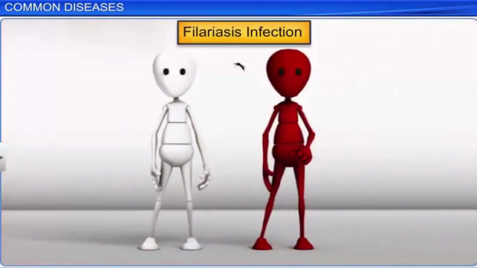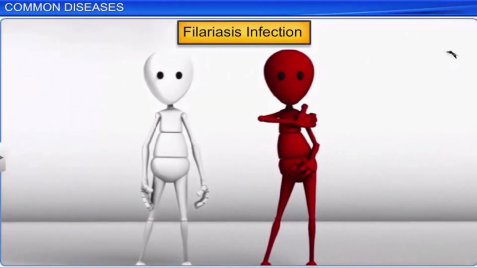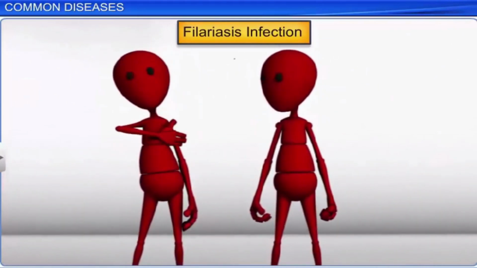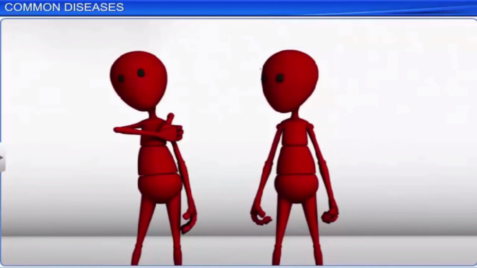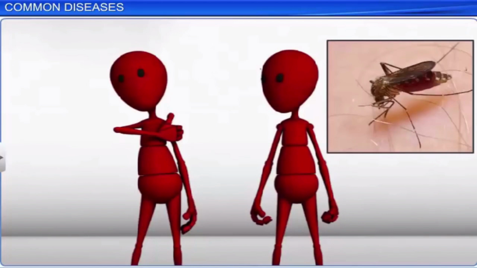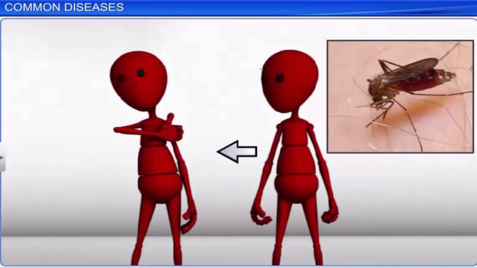The genital organs are often affected, resulting in gross deformities. Filariasis can be transmitted to healthy people by female mosquito vectors. A vector is an insect or any living carrier, such as female mosquitoes in the case of filariasis, that transmit infectious diseases.